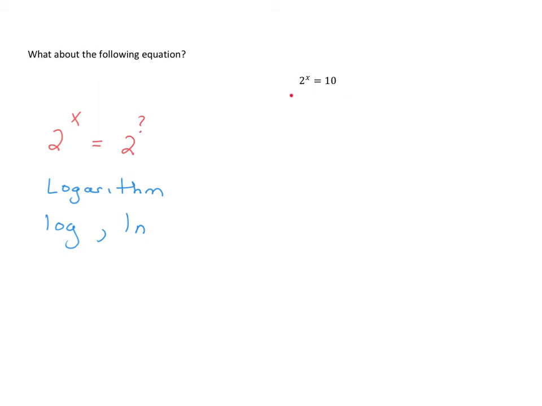Okay, so what's the strategy here if you want to solve this thing for x? The first step will be to take the log of both sides of the equation. That is, I'm going to apply the logarithm to both sides of my equation. It'll look like this. I take the log of the left, and I take the log of the right.